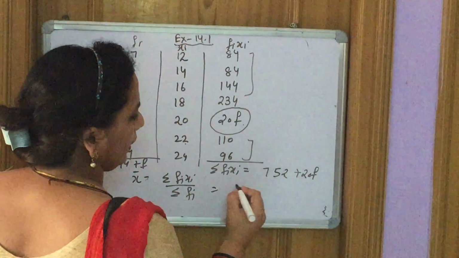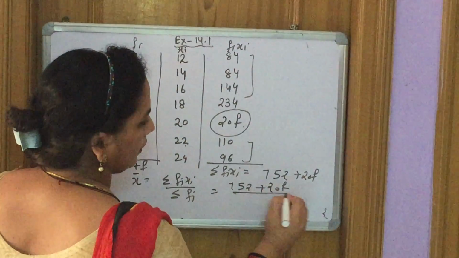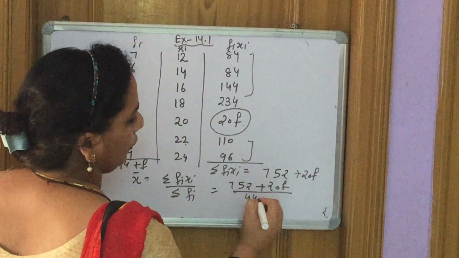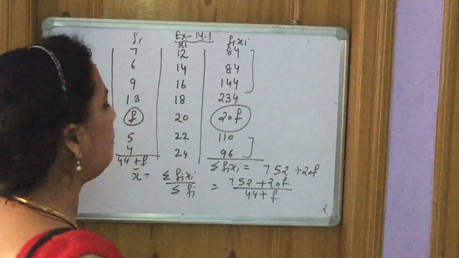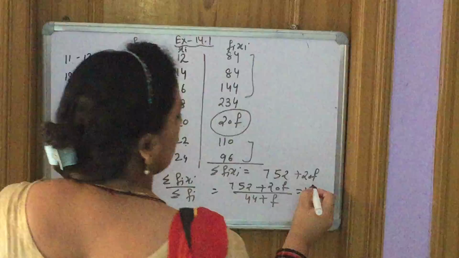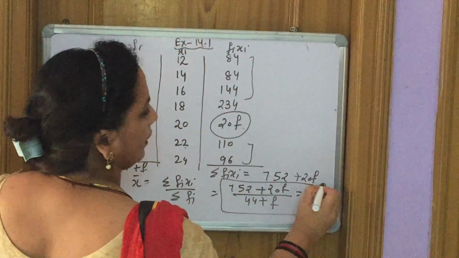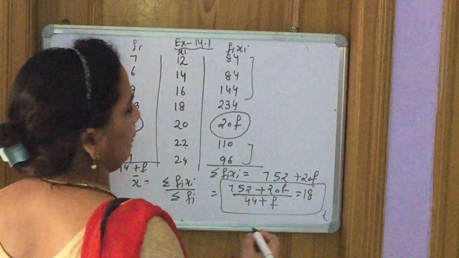Now, put the value here. Divide by 44 plus f. This is the mean. Also in this question the mean is given, which is equal to 18. So this is our equation from where we can find out the value of f by cross multiplication.